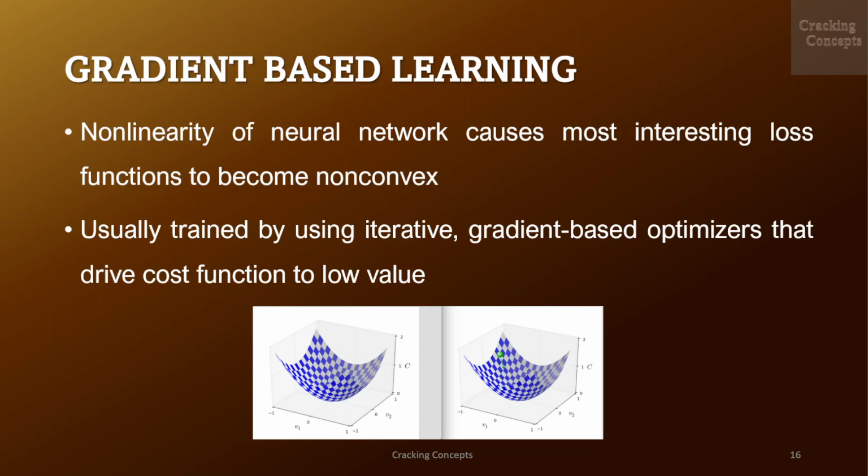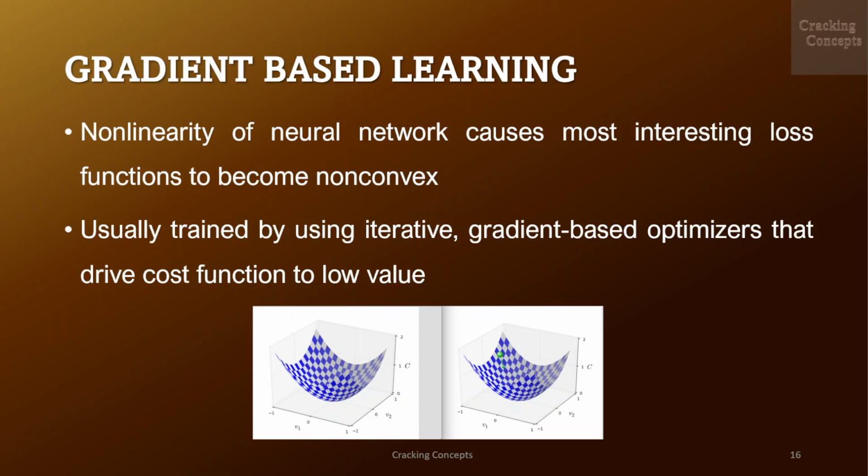Designing and training a neural network is not much different from training any other machine learning model with gradient descent. The largest difference between the linear models we have already seen and neural networks is that the non-linearity of a neural network causes most interesting loss functions to become non-convex.